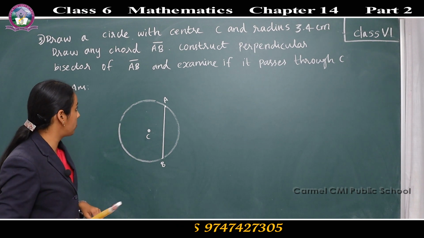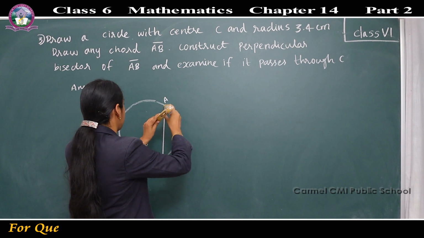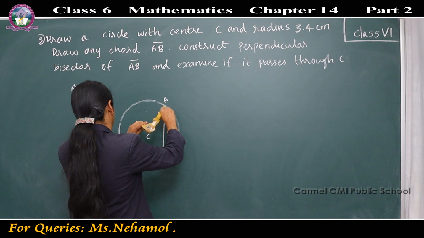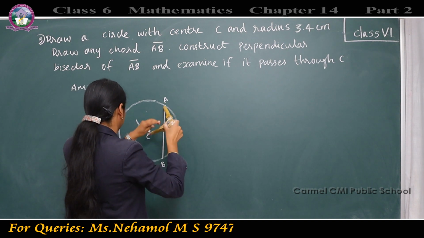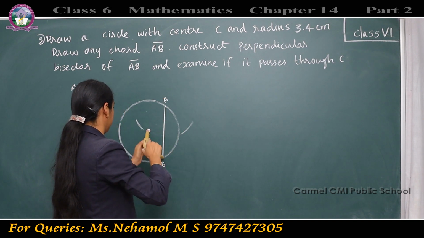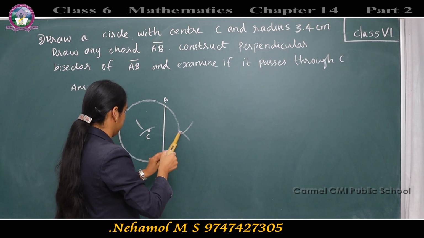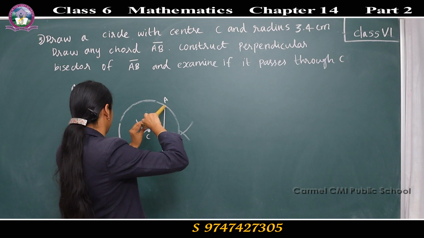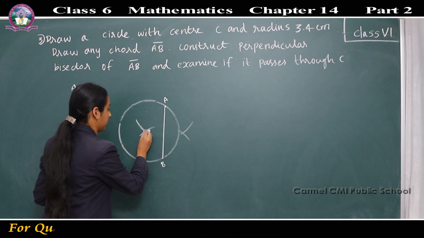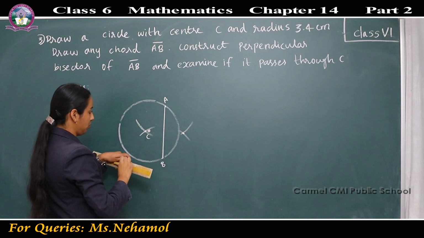Now you know how to construct a perpendicular bisector. So construct a perpendicular bisector of AB. You have to join these 2 points.